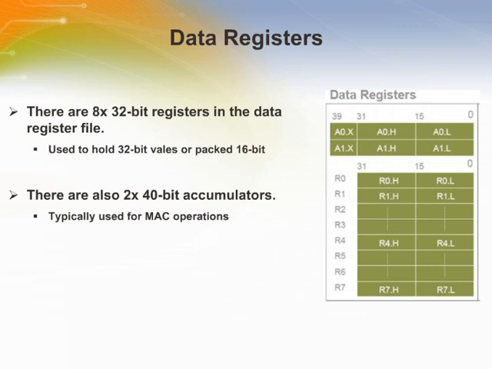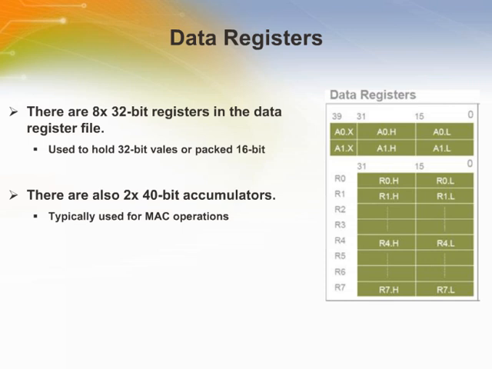The data registers are broken up into sections. What we have here is the register file, which consists of eight 32-bit registers from R0 to R7. They can be used to hold 32-bit values. Of course, when we're doing DSP operations, a lot of our data is in 16-bit form, so they can hold pairs of 16-bit values as well.